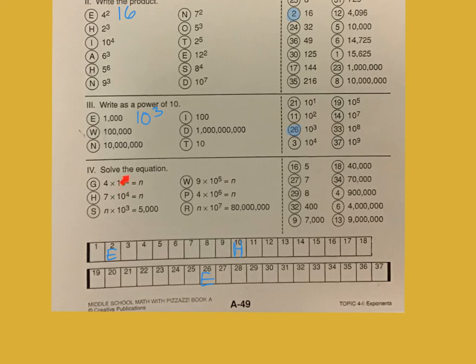So I'm going to follow order of operations. I'm going to do exponents first. What is 10 times 10? 10 to the second power is 10 times 10. Well, it's 100. And then 100 times 4 is 400. So I'm going to mark 32. So G is 32, and I'm going to go G right there.